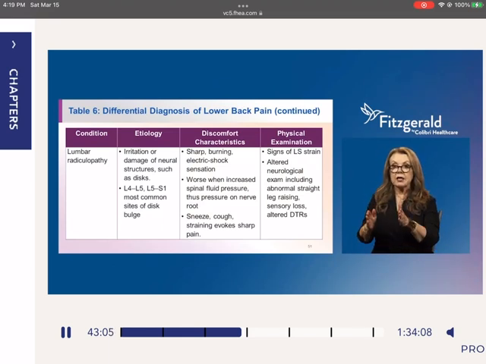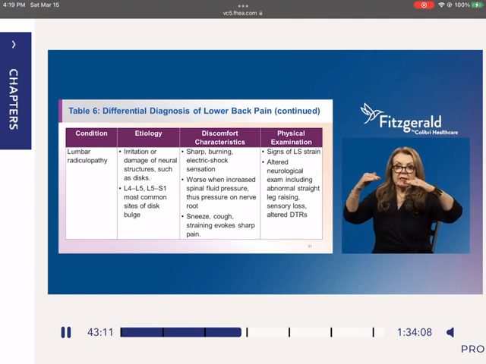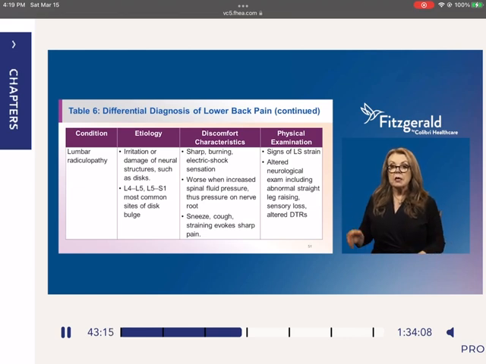So one more time, your differential: lumbar sacral strain, normal neuro exam; lumbar radiculopathy, abnormal neuro exam. And I will tell you, both groups can be equally uncomfortable. Don't go by degree of pain alone. I've seen people with perfectly normal neuro exams, lumbar sacral strain, who are very uncomfortable.